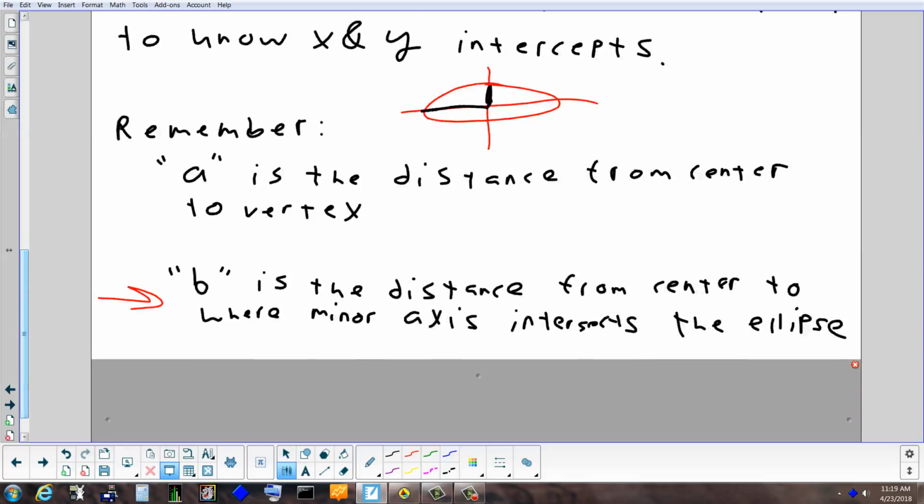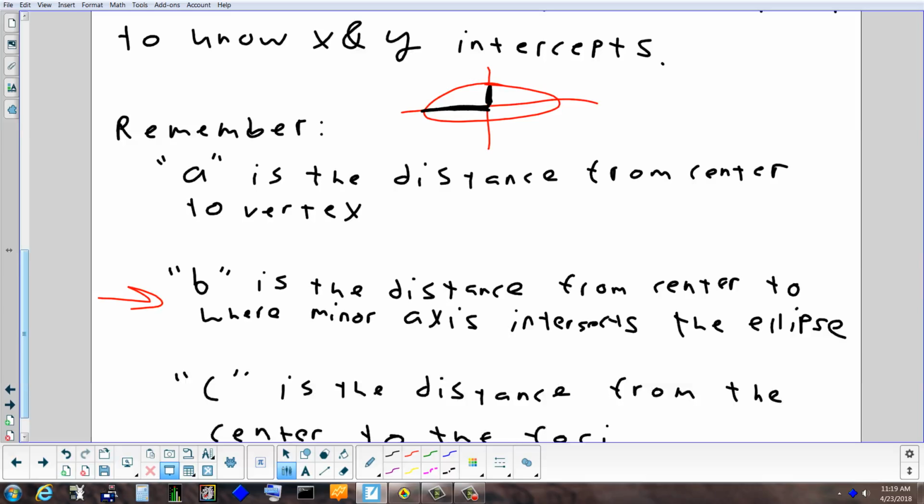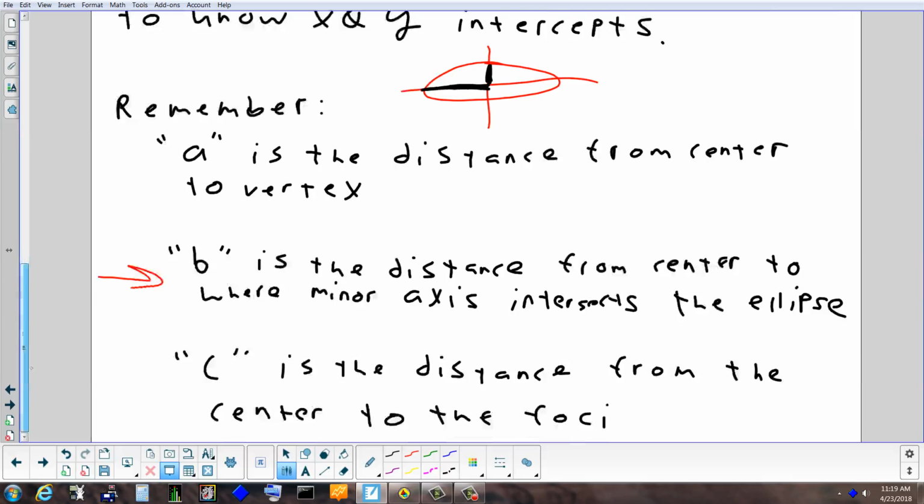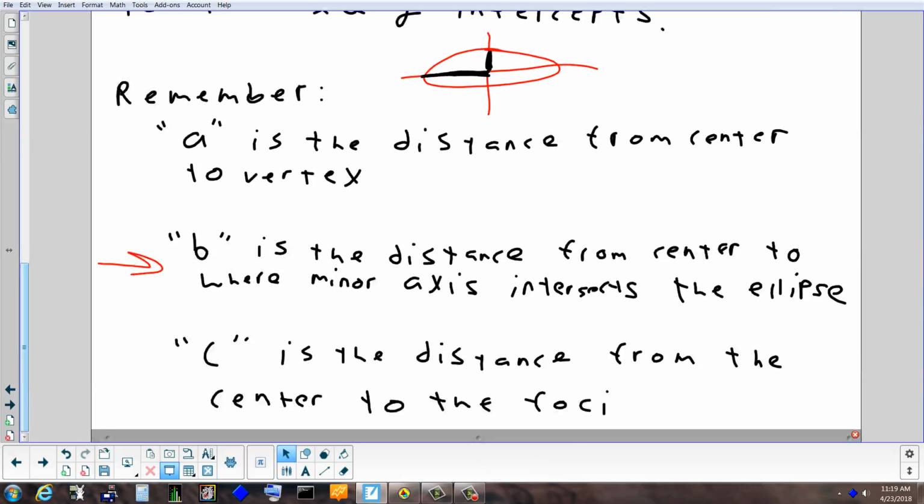A is this. Distance from the center to the vertex. And C, I already gave you that one. That's the distance from the center to the focus. Center to minor axis.